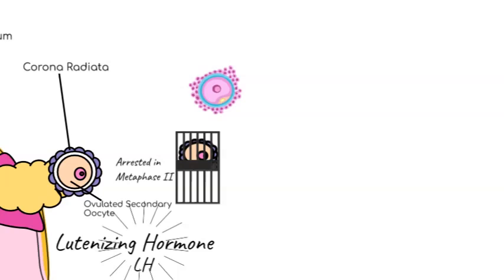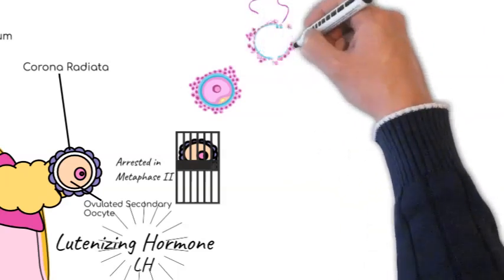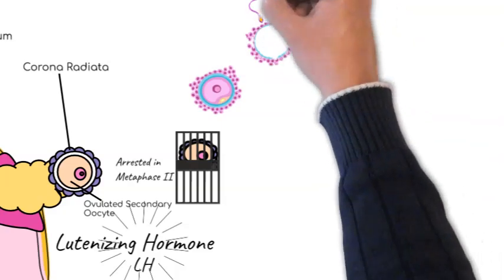It will wait in the fallopian tube from 24 to 48 hours for sperm to arrive. So that's the window. If sperm doesn't arrive, it will just die out and degenerate, and any organic material will be absorbed by the fallopian tube epithelium.